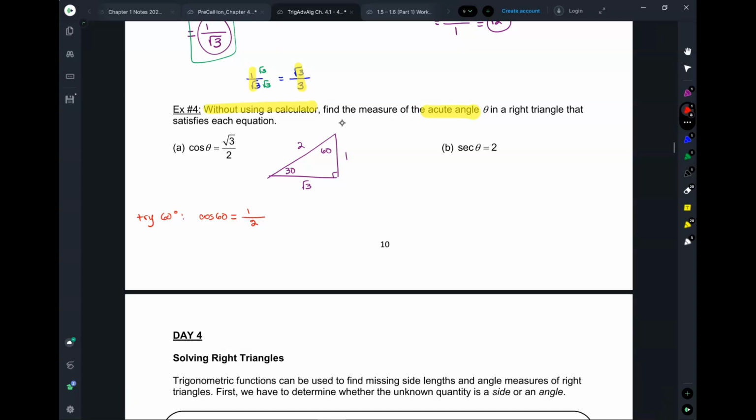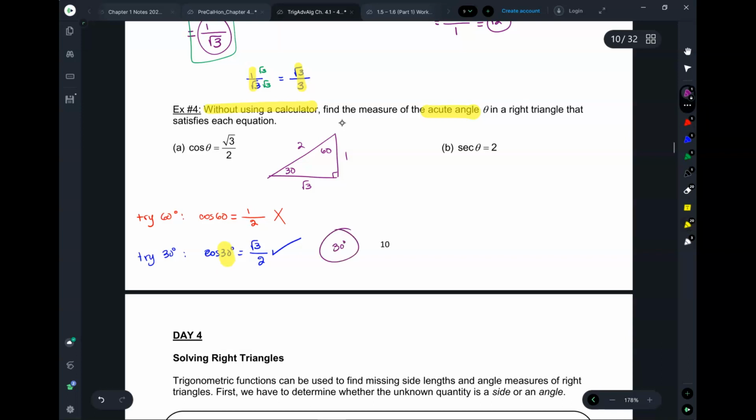Did that give me root 3 over 2? Nope. So that's not it. Let's try 30 degrees. What's the cosine of 30 degrees? Adjacent root 3 over 2. Yep, that's the one. Since the 30-degree angle worked, my answer is 30 degrees.